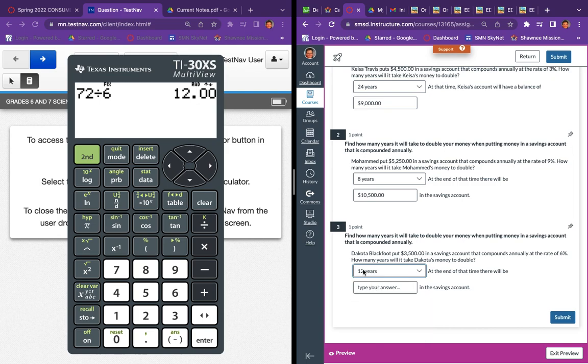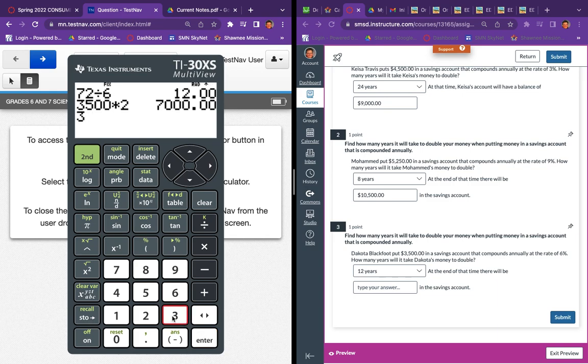But in 12 years, when Dakota comes back and opens up his savings account, he's going to have twice as much money because it's going to have doubled what he put in there. So $3,500 times 2.